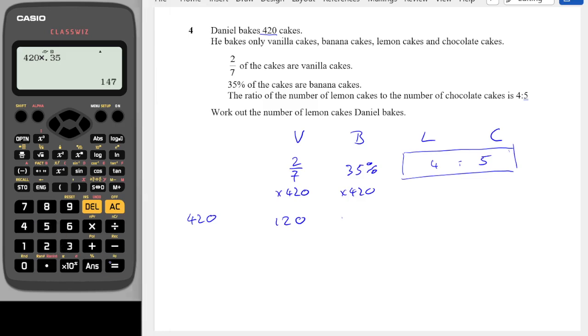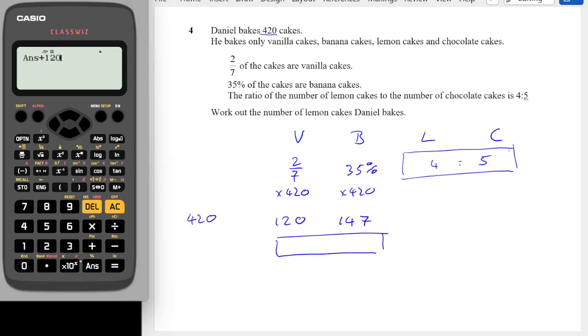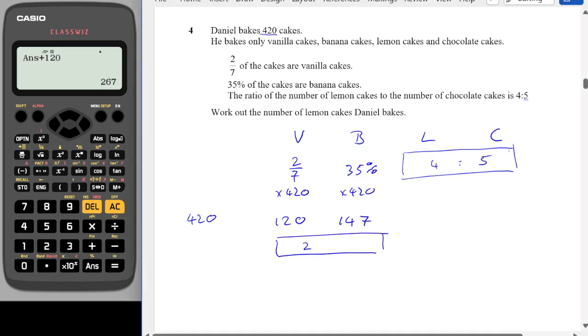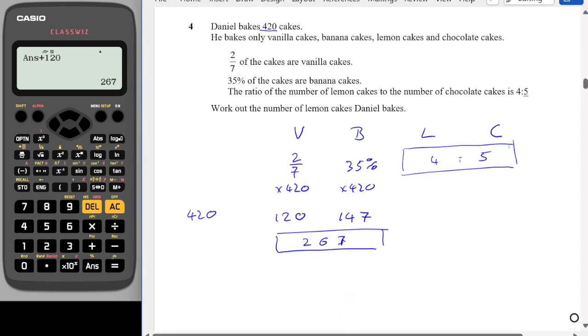So we know that there are 147 banana cakes. So that means that we've got a total of 147 plus 120, so we've got a total of 267 cakes so far.